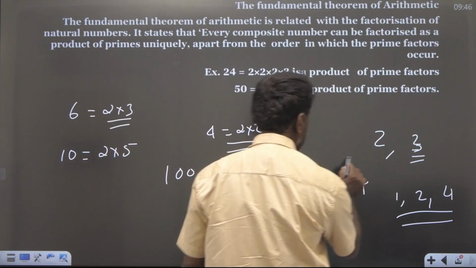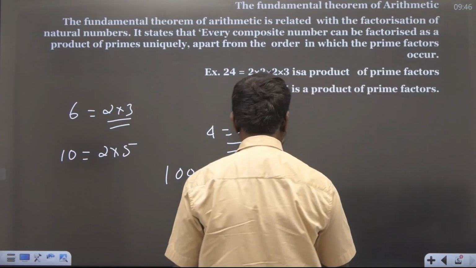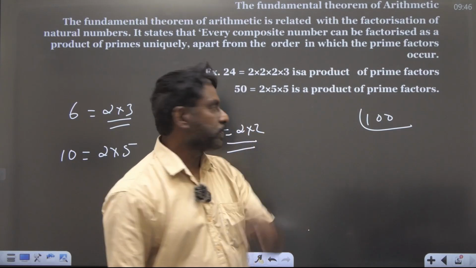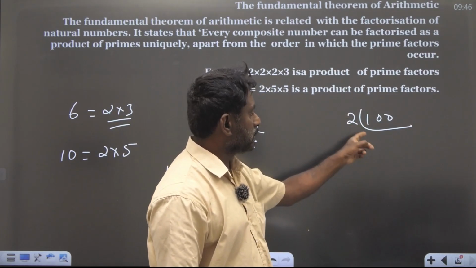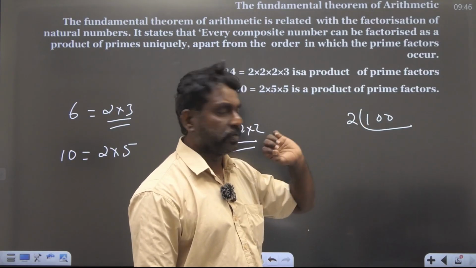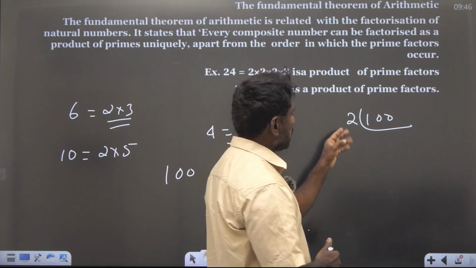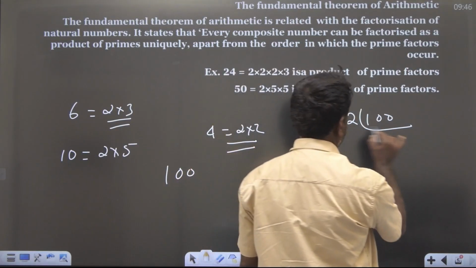How? 100. The method is, first you take the lowest prime number, that is 2. Check with 2. If it is possible to divide with 2, you can divide it. If it is not possible, check the next prime number. Here it is possible to divide 100 by 2, that is 50.